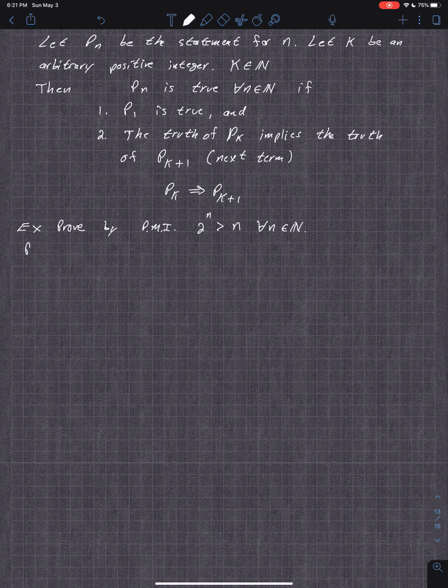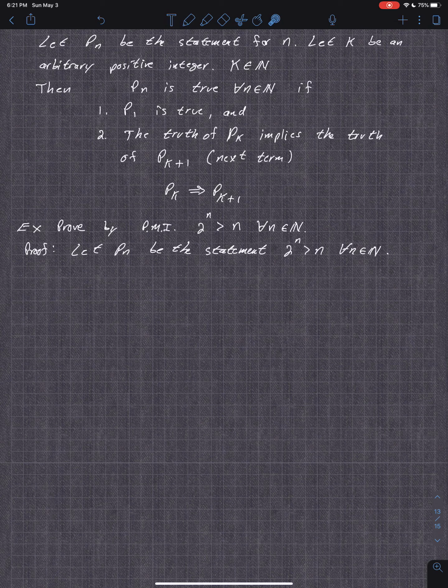Then you say proof, and then you say let P sub n be that statement. You have to say it just like this, or very similar: let P sub n be the statement 2 to the n is greater than n for all n in the naturals. So it's that entire statement.